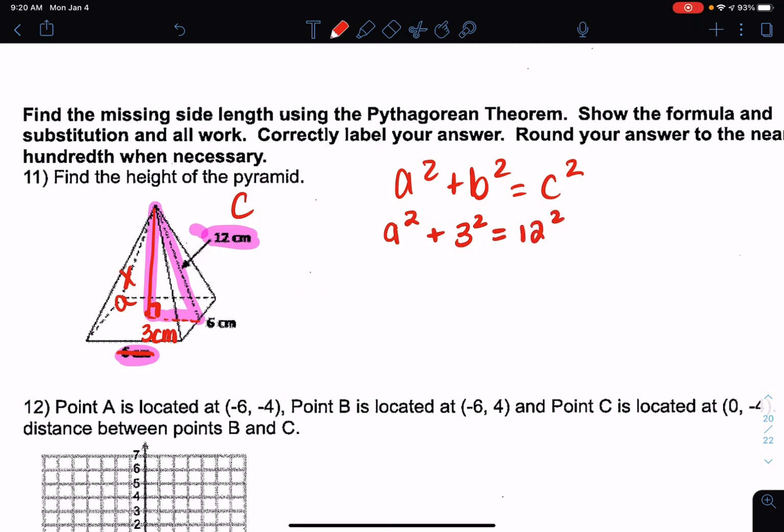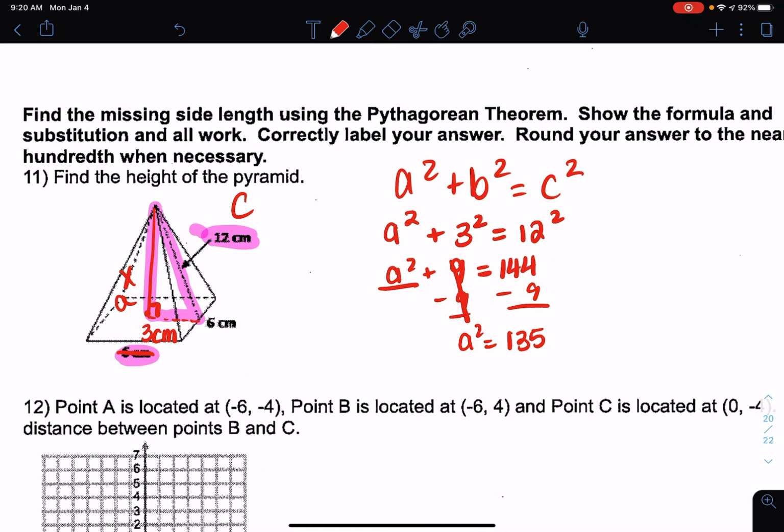Simplifying it, I cannot simplify a squared, plus 3 squared, which is 9, is equal to 12 squared, which is 144. I have to get a squared by itself, so I'm going to subtract 9 on both sides, and 144 minus 9 is equal to 135.